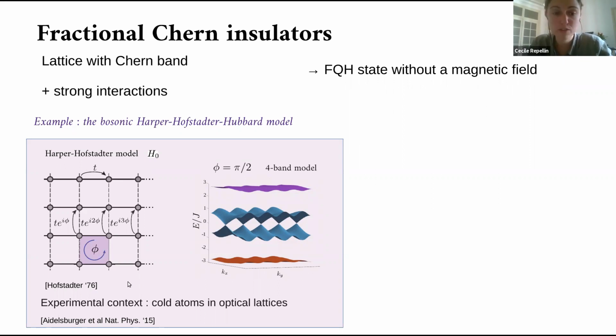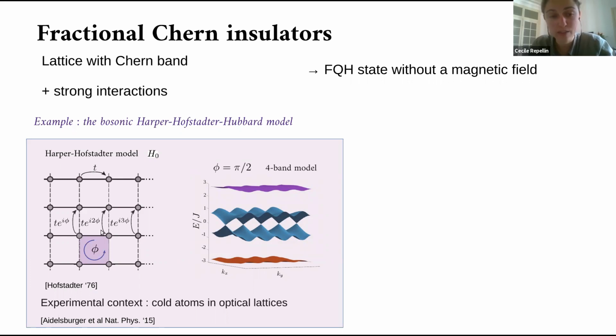In this box, I have the non-interacting part of this Hamiltonian. We have a square lattice with nearest neighbor hopping, and depending on which direction the particles are hopping, they either have an amplitude t or an amplitude t times some complex number, e to the i phi.